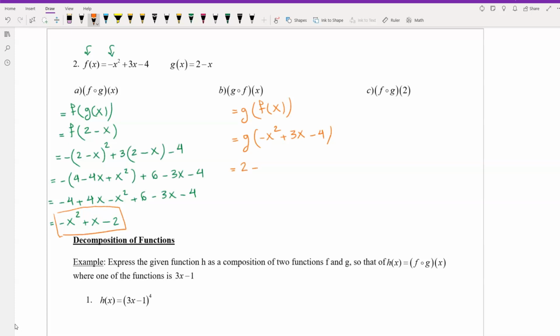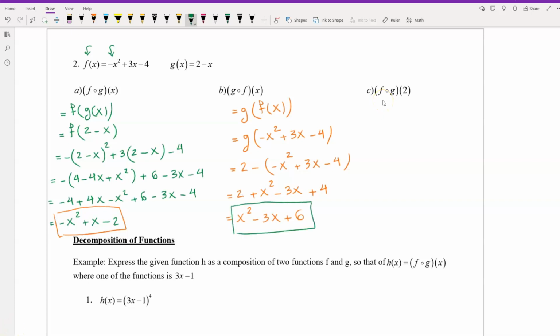So we have 2 minus negative x squared plus 3x minus 4. Then negative times negative x squared is positive x squared, negative times positive 3x is negative 3x, negative times negative 4 is positive 4. Combine like terms. So our answer is x squared minus 3x plus 6. So this is our final answer for this part.